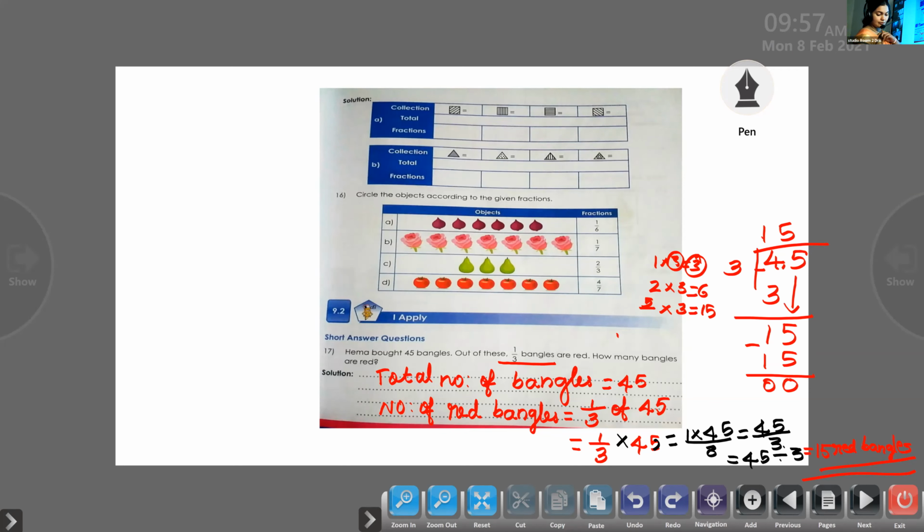Now, next question. Who is remaining to last? Sarah, please unmute and read the next question. Have you completed this one? Sarah, please unmute. Have you completed question number 17? No, I'm doing. Okay, do it. After that is enough.